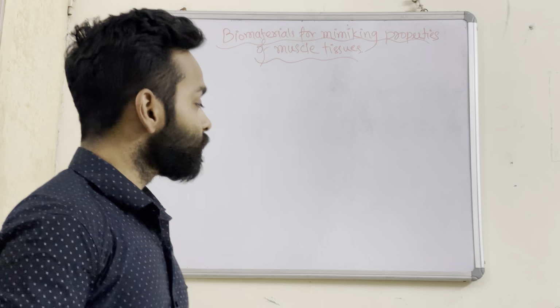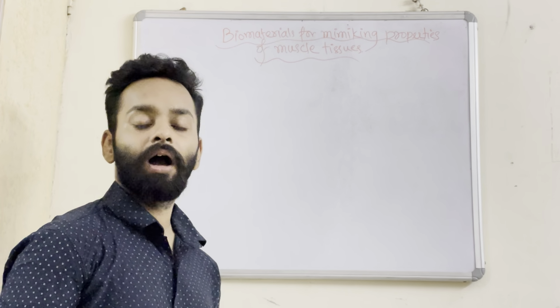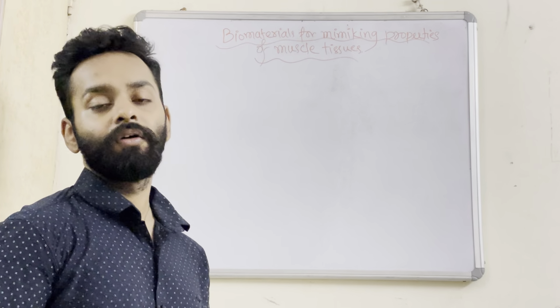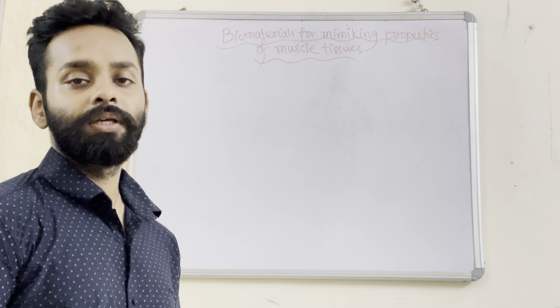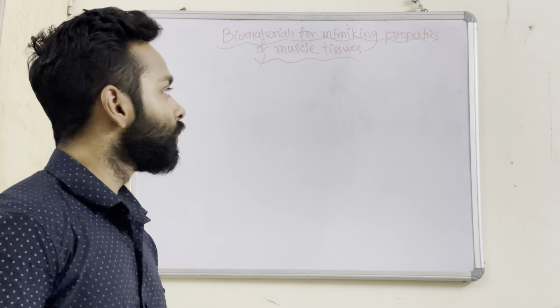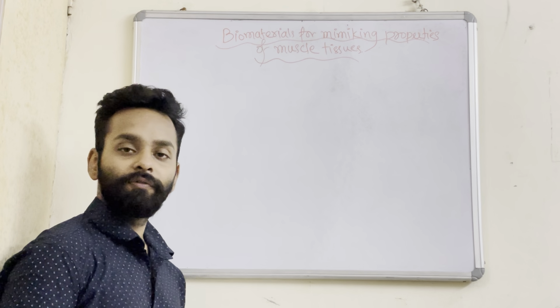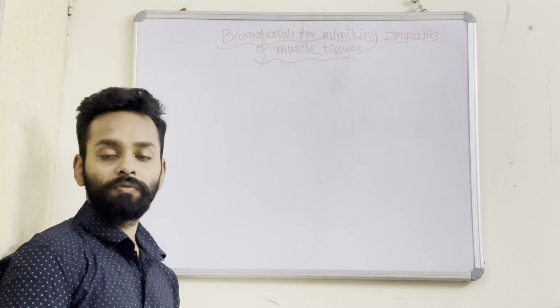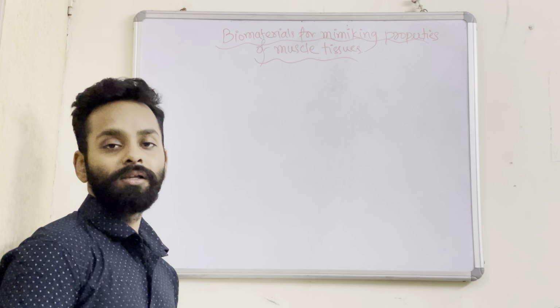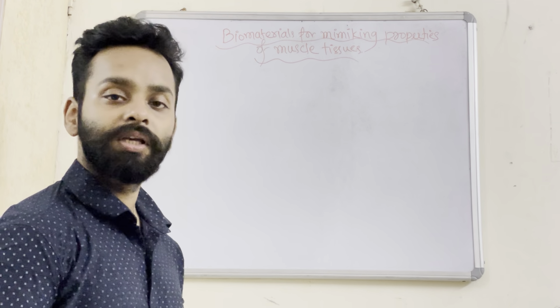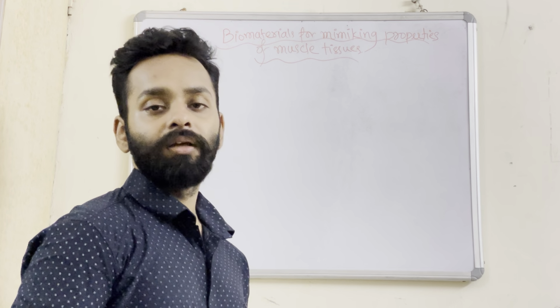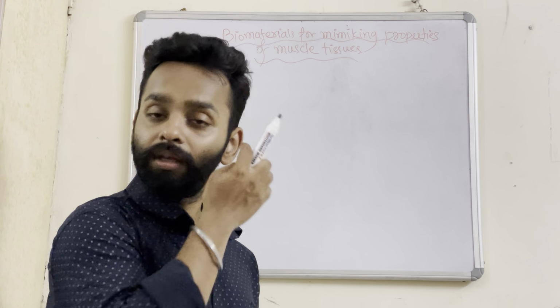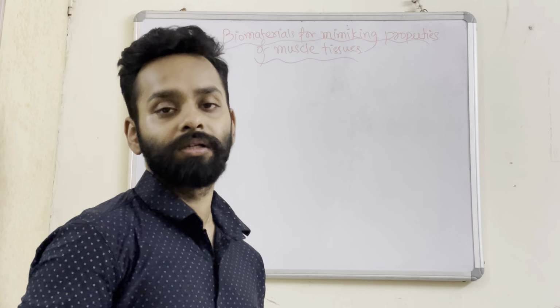So in today's particular scenario, we'll be looking at how we can select a biomaterial for mimicking the bulk properties of muscle tissue. So today's video will be focusing on the considerations which we need to keep in mind while choosing a material for mimicking the bulk properties of muscle tissue.